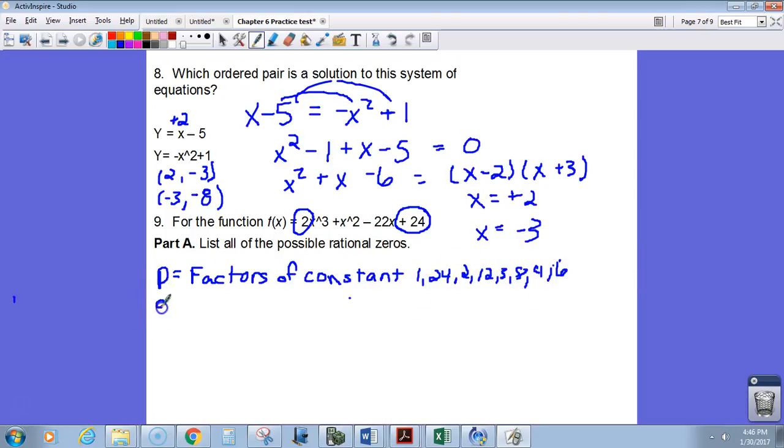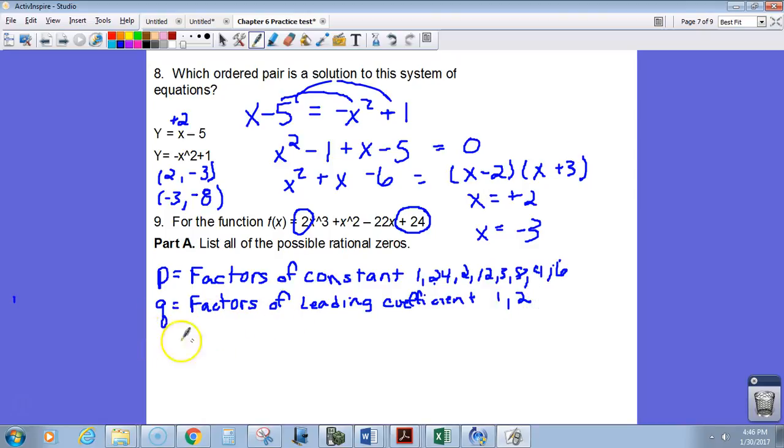Then we make Q equal to all the factors of the leading coefficient, which is 2, because it's 2 in front of x cubed. 3 is the largest degree. So the factors of 2, that's a lot easier. Factors of the leading coefficient, they're just 1 and 2, right?